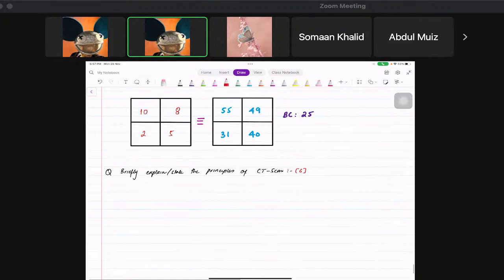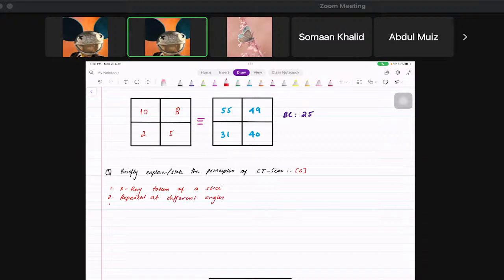6-mark question, 6 points. The first point is that X-ray is taken of a slice. Slice means, you know, like 45 or 90 or whatever, 0 degrees. Number 2, repeated at different angles.